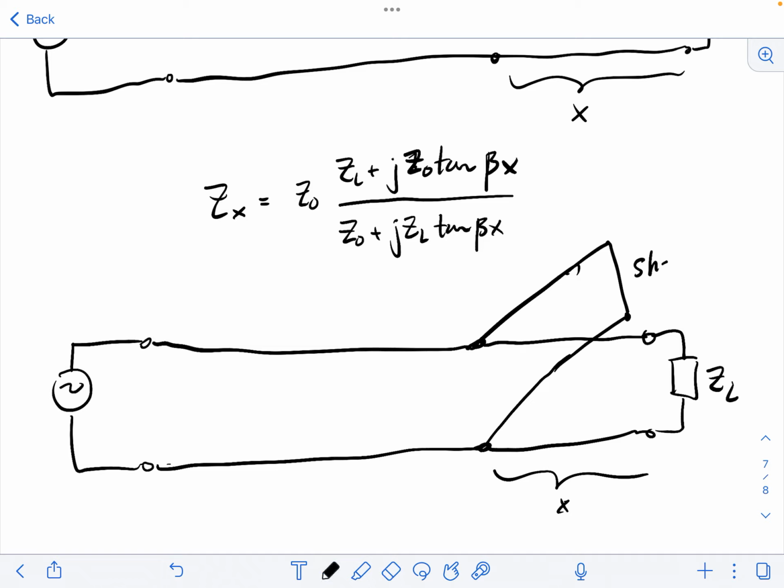So that for this transmission line, it's terminated by a load impedance of ZL equals 0.